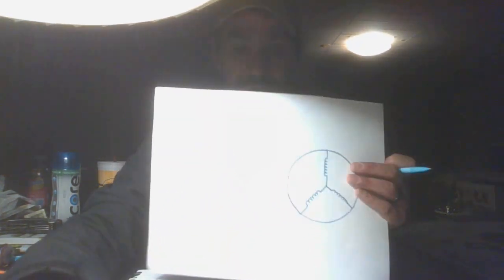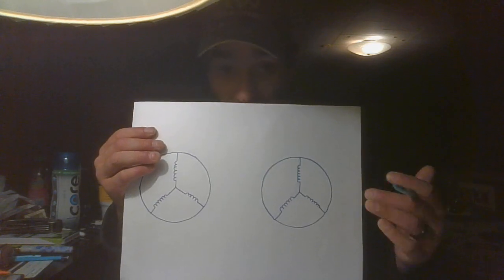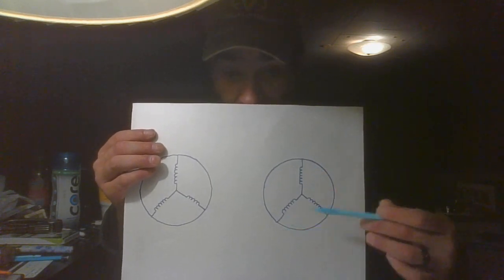And I'll go into why that is. So a phase is just one point of reference in the 360 degree cycle. That's what a phase angle is. It's an angle.